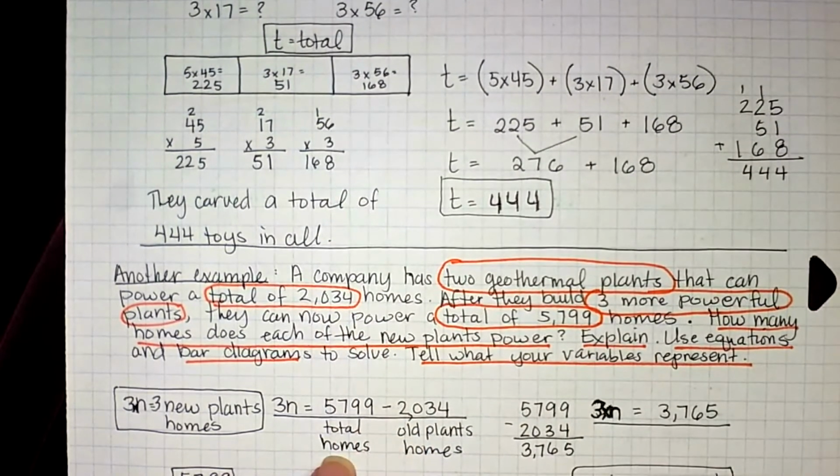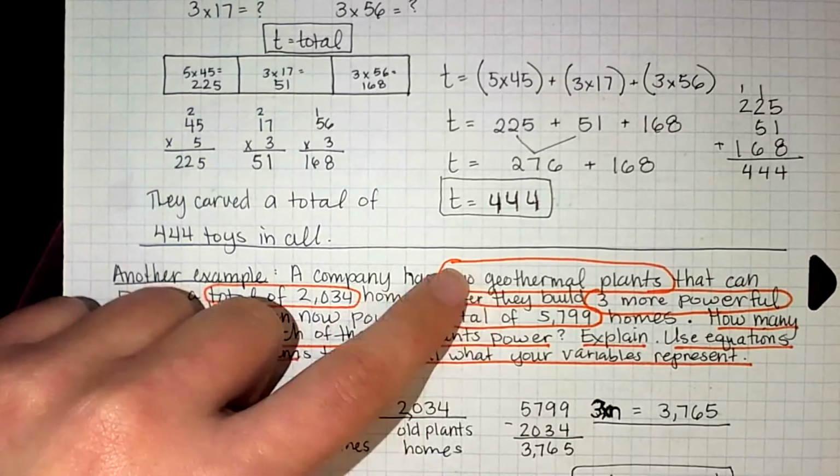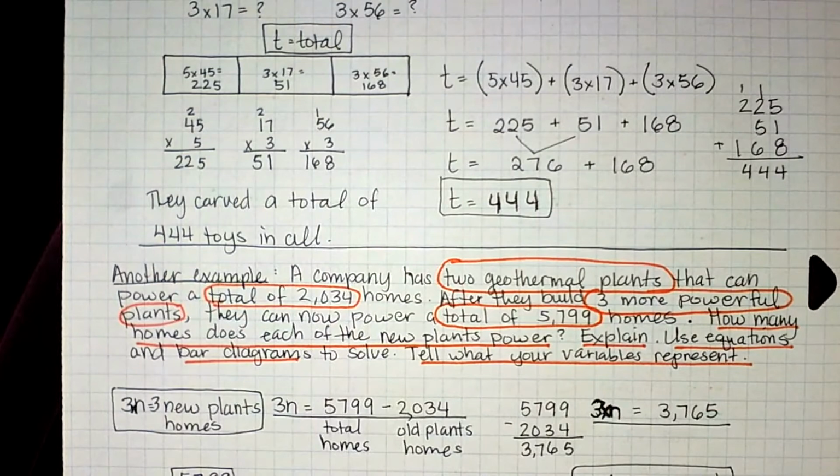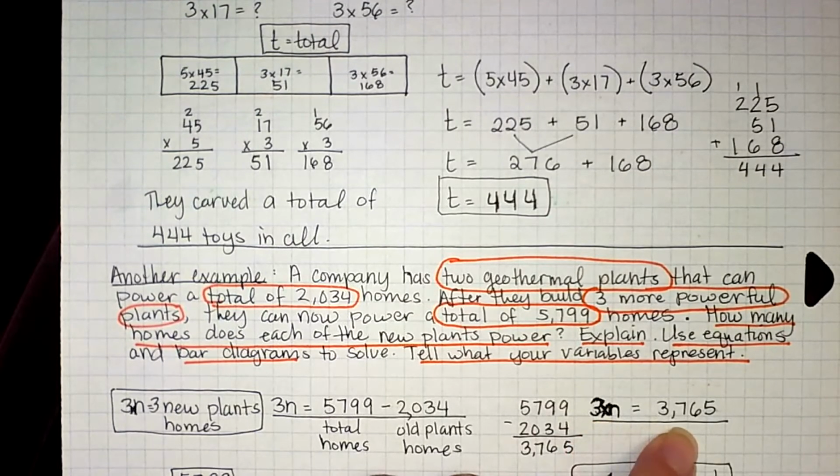So the total number of homes that were being powered minus the homes that were powered by the 2 original ones. When I subtract those numbers, I get a difference of 3,765. So that means all 3 of those new power plants can power a total of 3,765 homes.